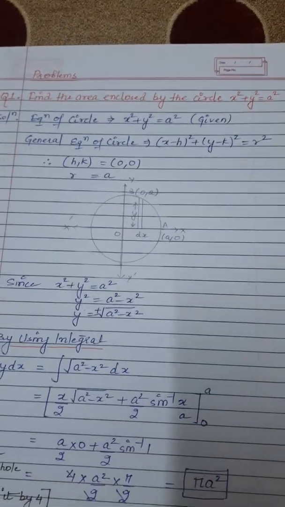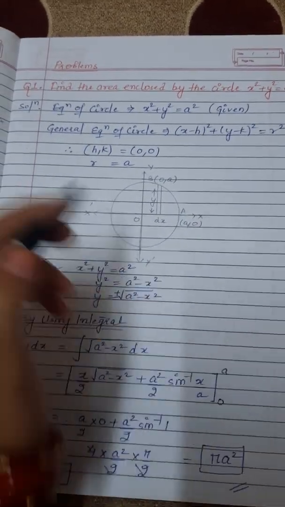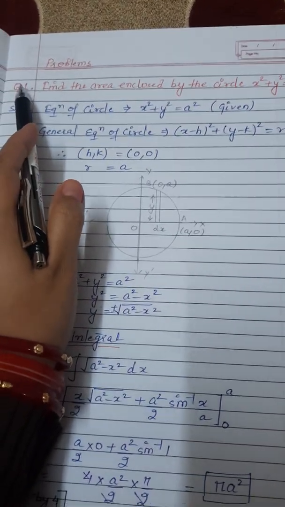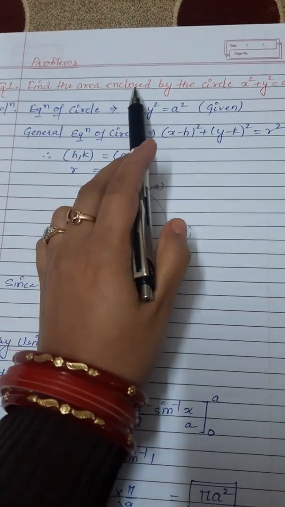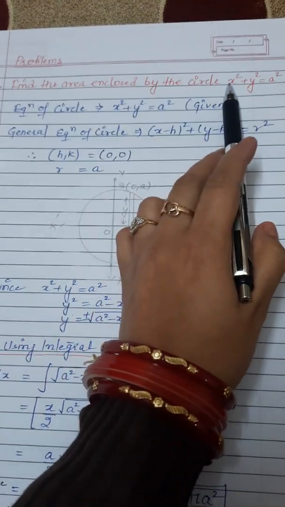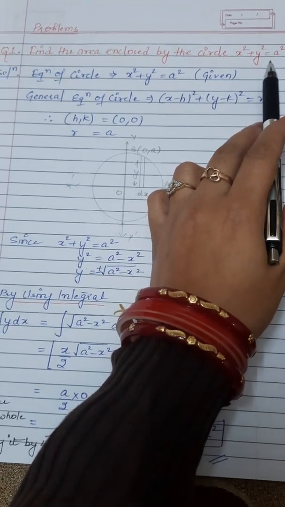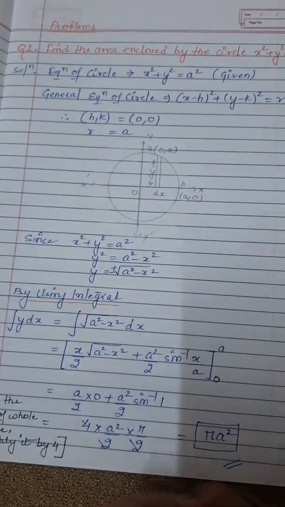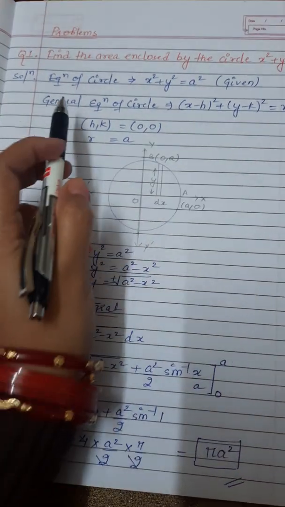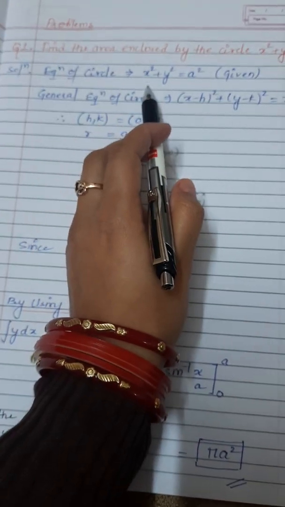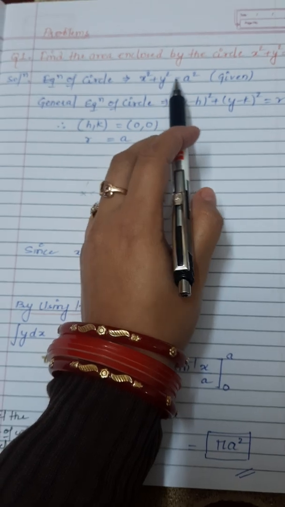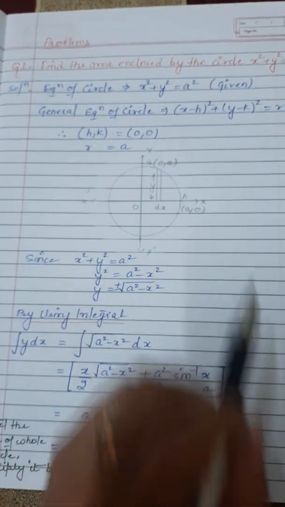Now come to the question. Question number 1. Find the area enclosed by the circle x square plus y square is equal to a square. Now you can see that the equation of circle given is x square plus y square is equal to a square.